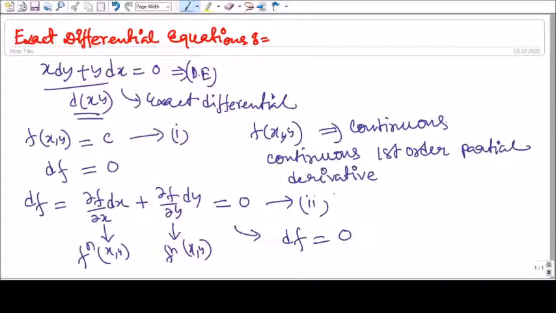Now let us give an example. Suppose the function is f of x, y equal to x square minus 5xy plus y cube equal to c. So the function is this.